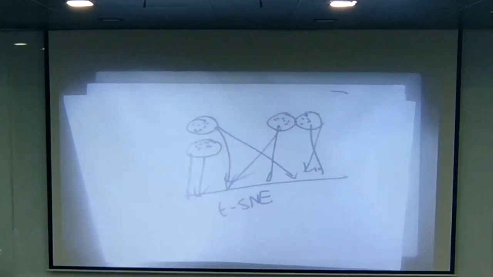You can use it in a lot more cases. That's why right now, if you ask all the data scientists in the world what is the nicest dimensionality reduction algorithm they would like to use, they would say principal component analysis. But if you ask them what they actually end up using, they'll say t-SNE.